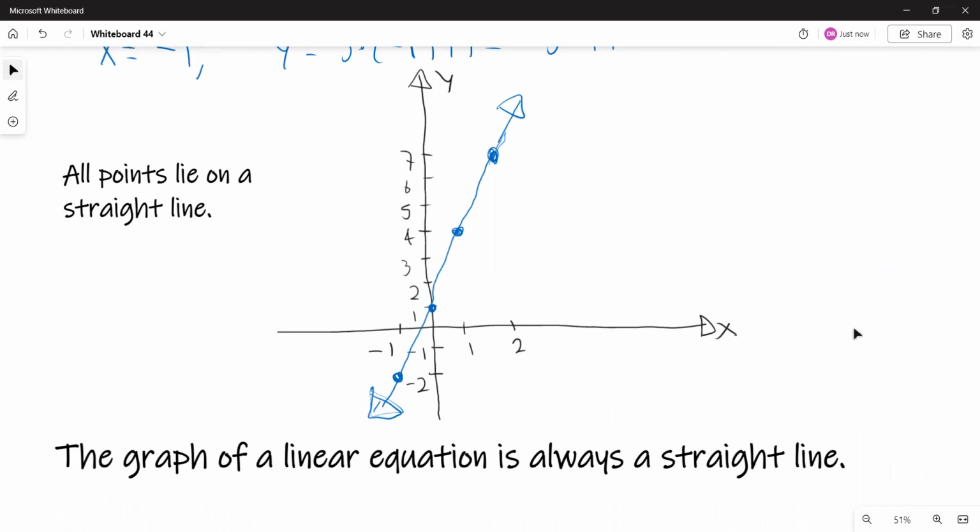Okay, we can also talk about the intercepts of a line. So I'm going to copy that.